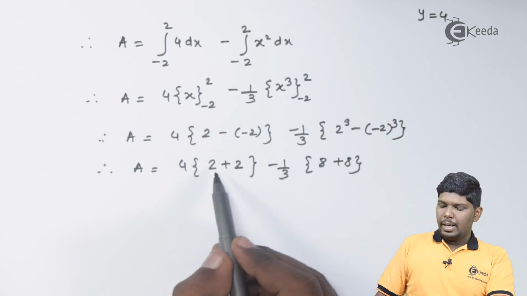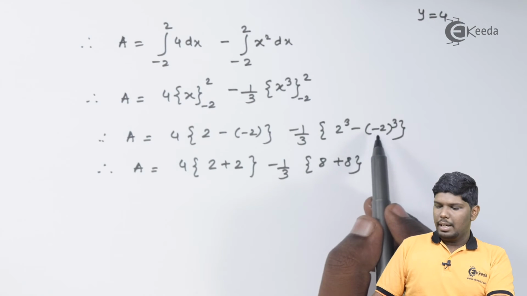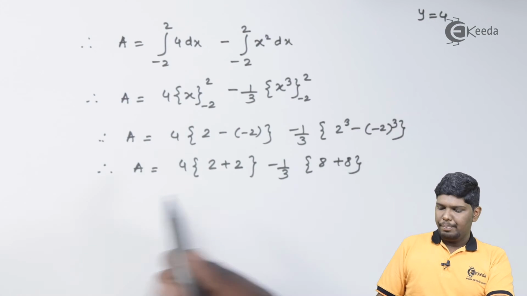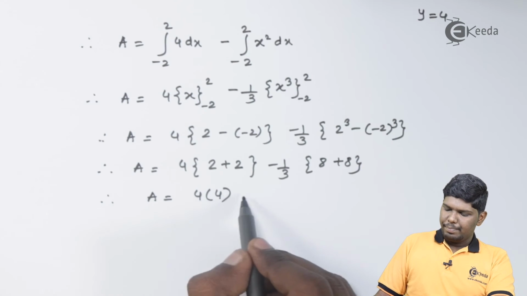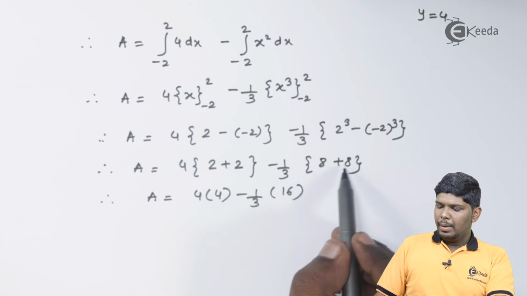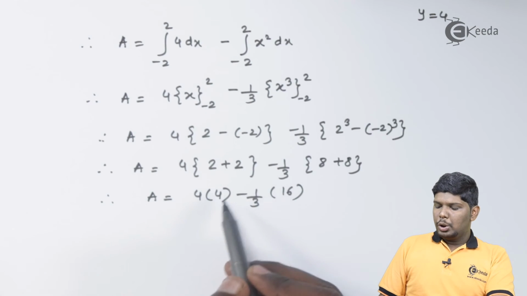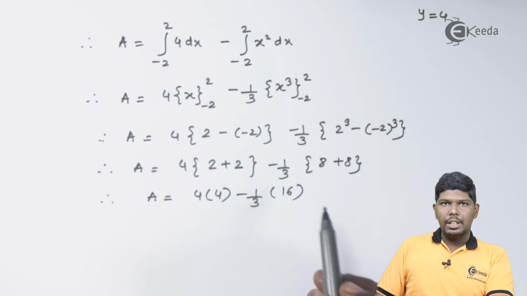This will give you minus of minus as plus 2, and here minus 2 the whole cube will give you minus 8 and minus of minus will give you plus 8. In the next step we have 2 plus 2 as 4 and 8 plus 8 as 16.